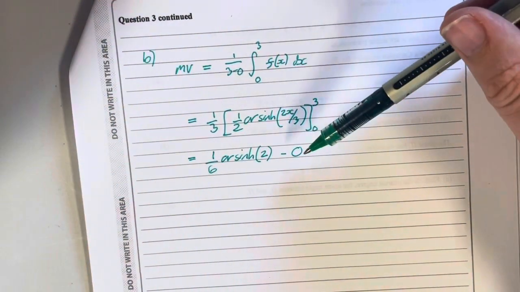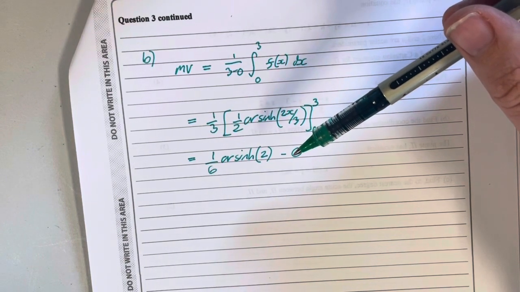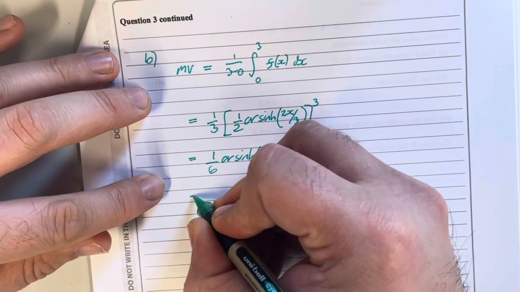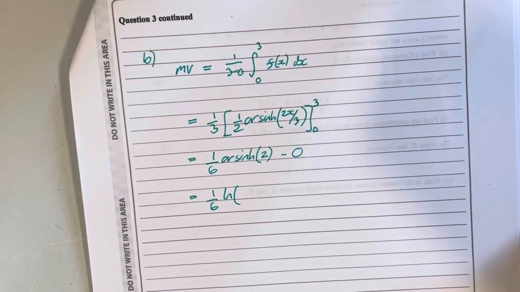It says it wants it in terms of natural logs, so I need to have a look at what that is in the formula book. So if I jump to the formula book, apologies, just to bring it up on here. There it is. So that is going to be a 1/6 times the natural log of, scrolling down to A-level further maths, just there.